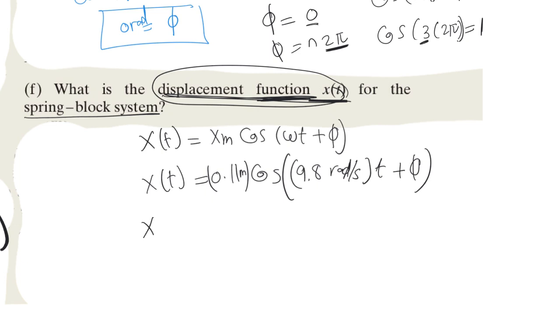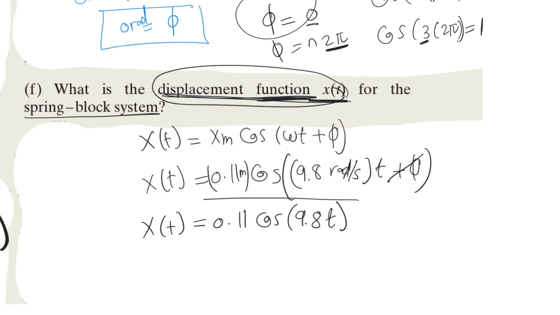So x(t) will be equal to 0.11 cosine(9.8 t), and the phase constant is 0, so this is the displacement function for this spring block system.